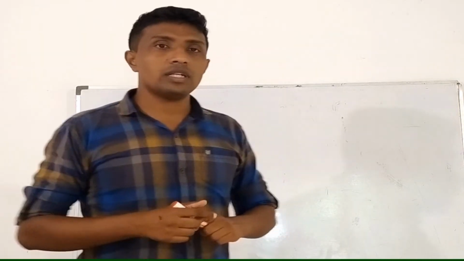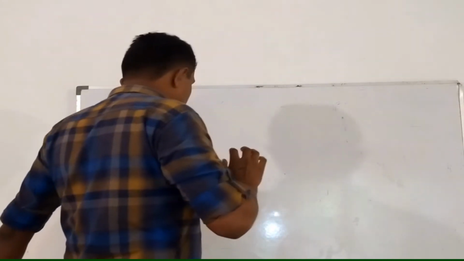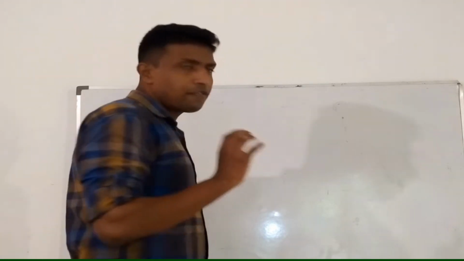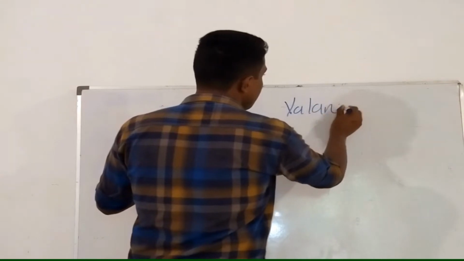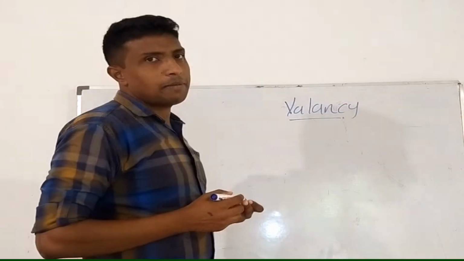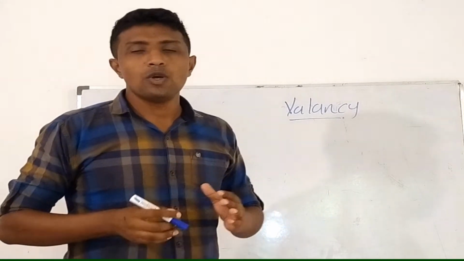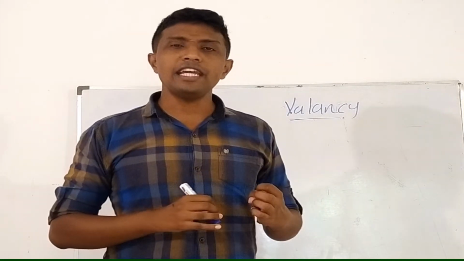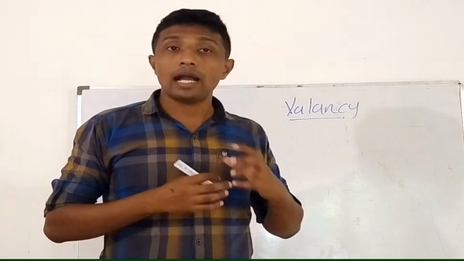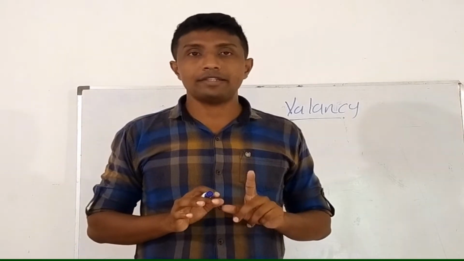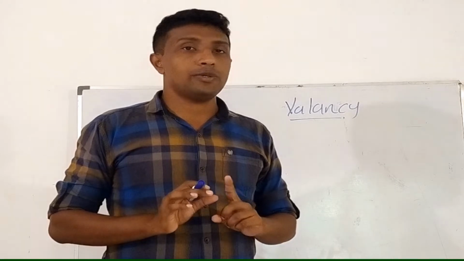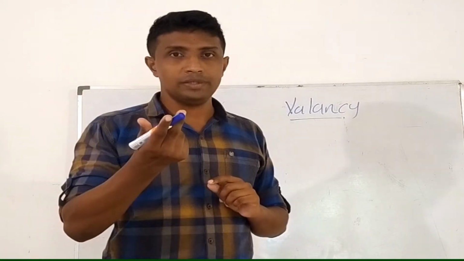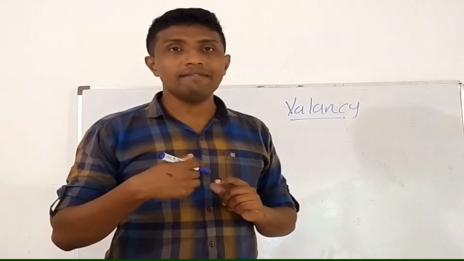Today we are going to come into a very lengthy but very fruitful lesson. It is valency. Valency, basically, is the ability to bind with hydrogen, that is the definition which is given, and also the ability to lose or receive an electron.